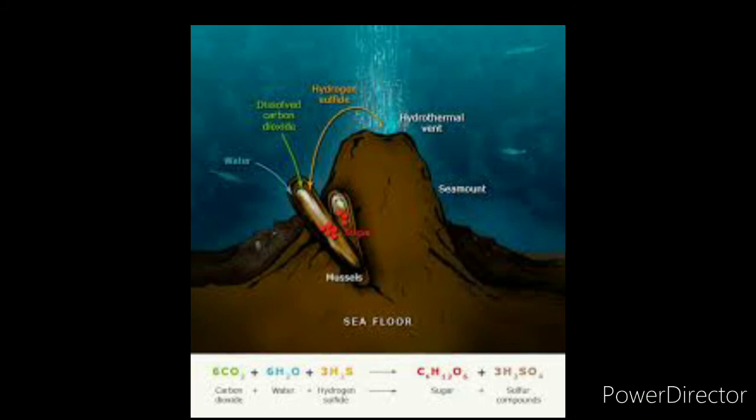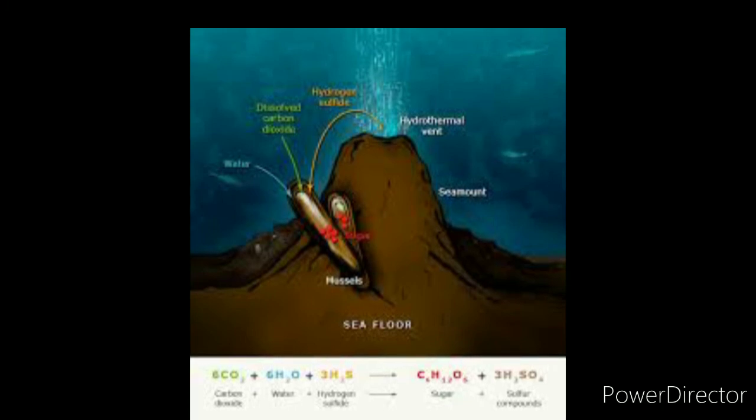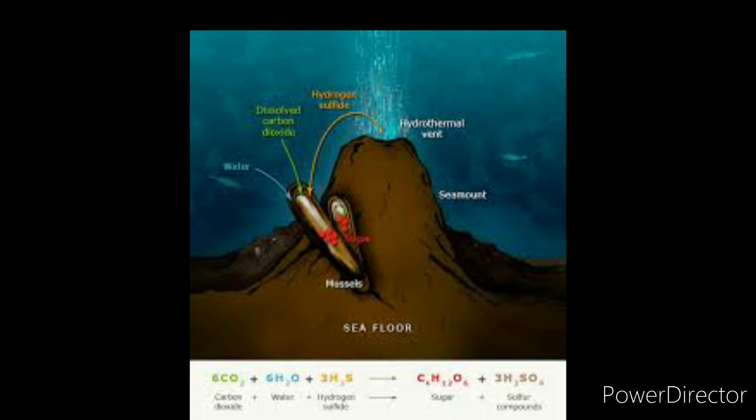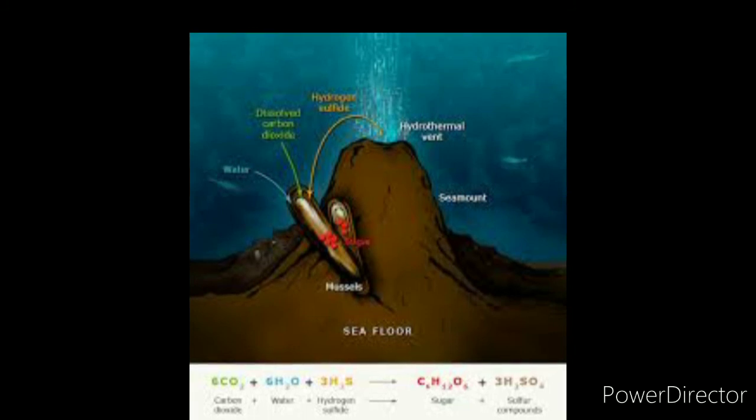And likewise in photosynthesis we use both carbon dioxide and water. Here in chemosynthesis also we use both carbon dioxide and water, but in chemosynthesis there is another additional substance, and that is hydrogen sulfide. So here the hydrogen sulfide acts as a counterpart of the sunlight.